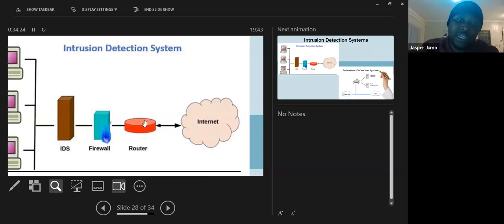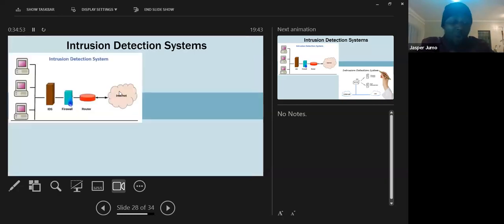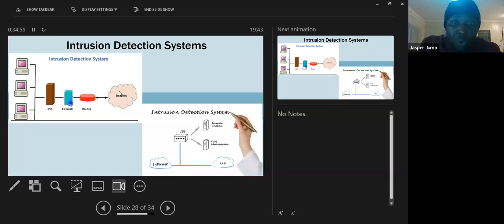So after the router, they put the firewall. But just to make sure, if there's an advanced hacker who manages to go through the firewall, then the intrusion detection system will be able to pick it up. It will make sure that whatever passes through the firewall is picked up by the IDS. Generally, that is how this setup works.